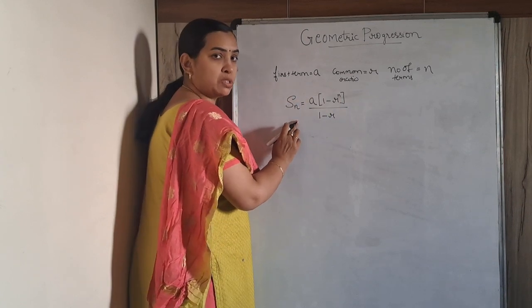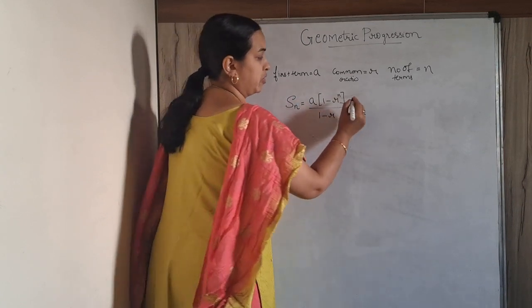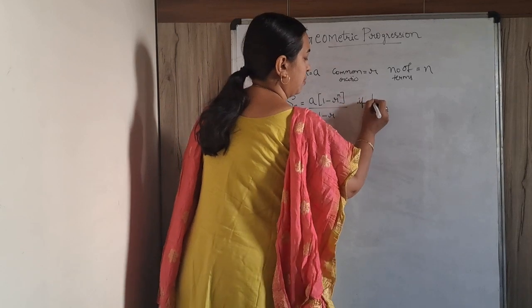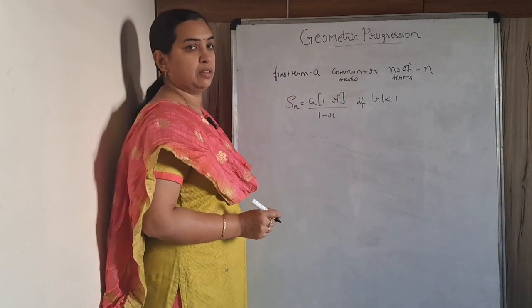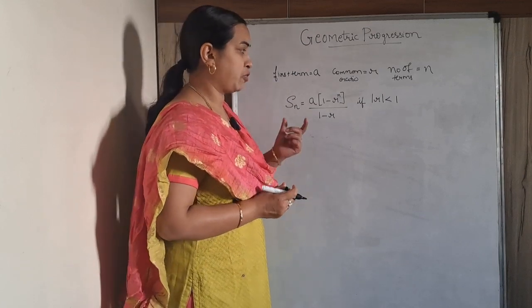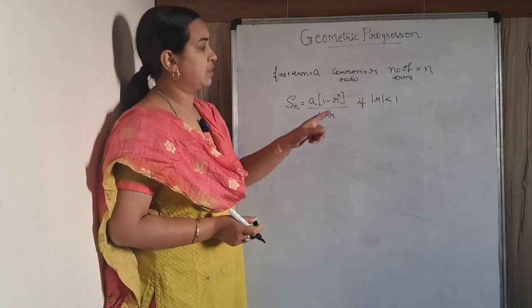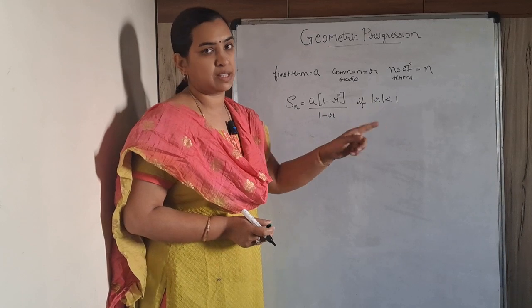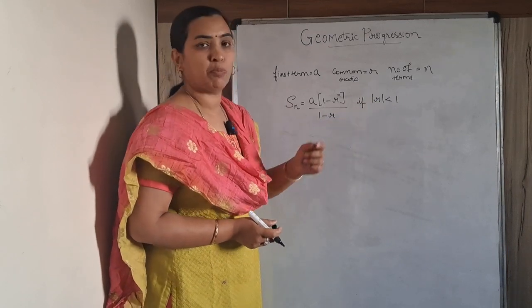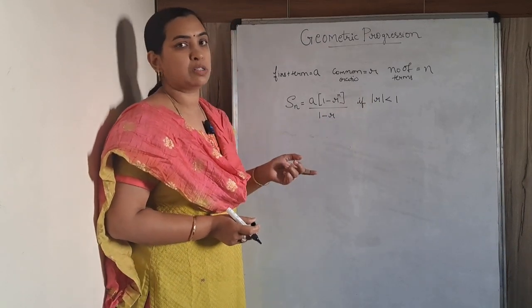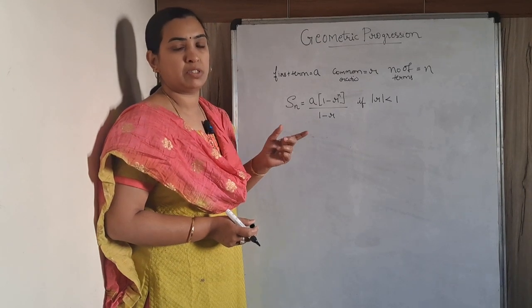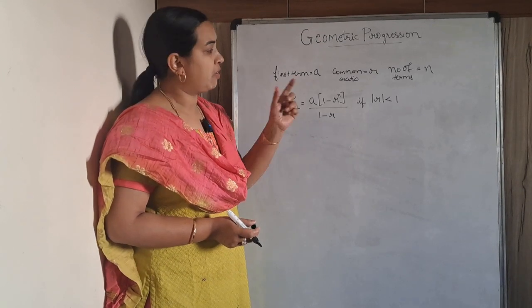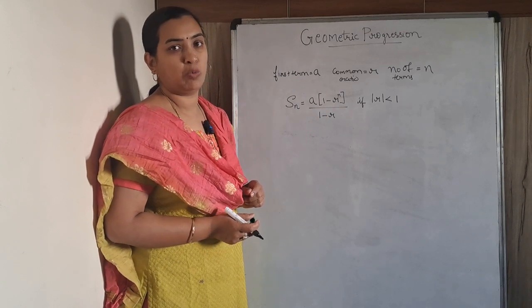We are going to use this formula if mod R is less than 1. So while using this formula, first you need to check whether the value of the common ratio is less than 1. We have taken it as mod R because we don't need to consider the sign of the R. We just need to check whether the value is less than 1.